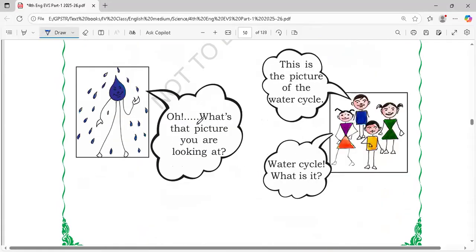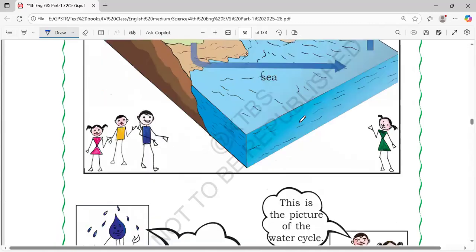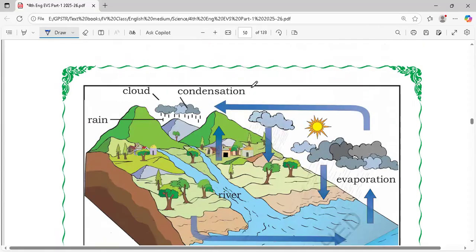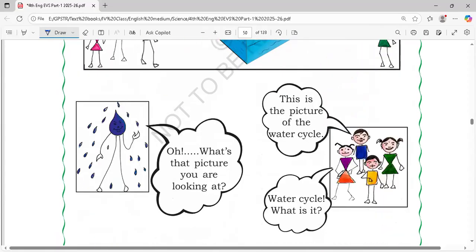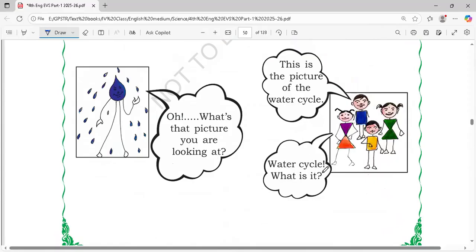See, drop, water drop. Oh, what's that picture you are looking at? Students, this is the picture of the water cycle. See, water cycle.